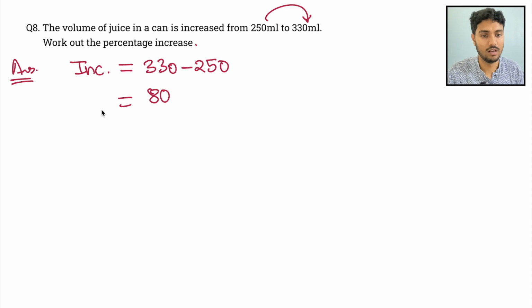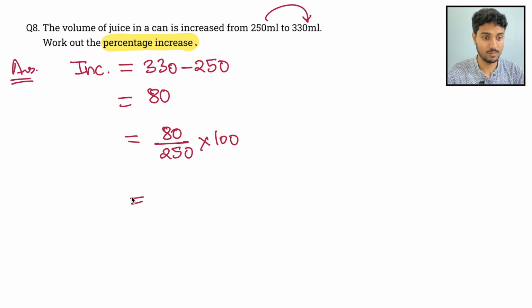Increase is 80 ml. Percentage increase is going to be increase, that is 80, divided by initial value, that is 250, multiplied by 100. So 80 multiplied by 100 divided by 250, and the answer is 32. So the increase percentage is 32%.